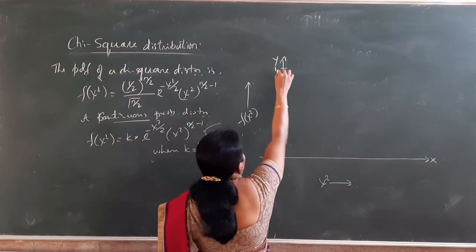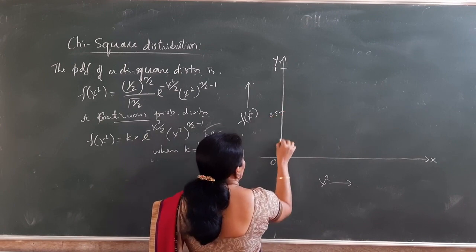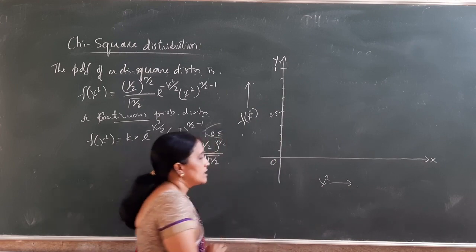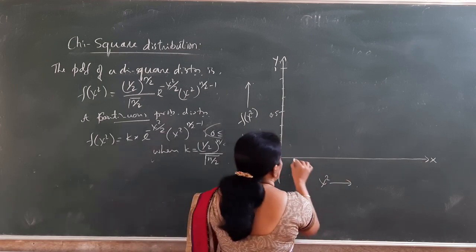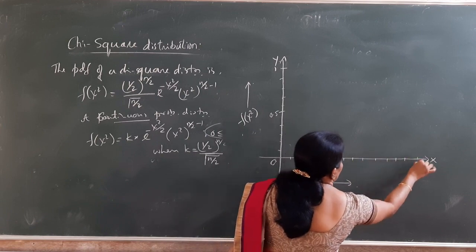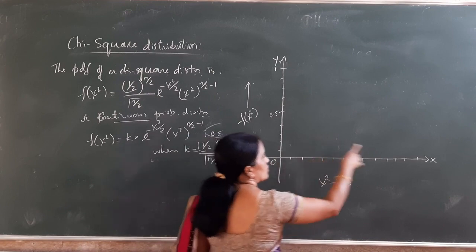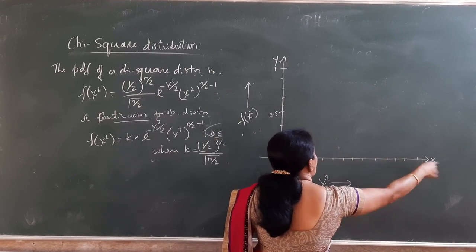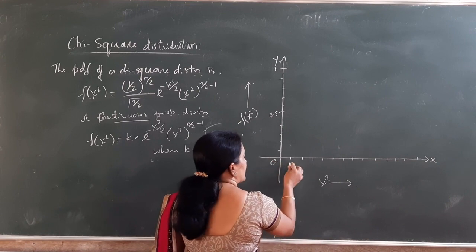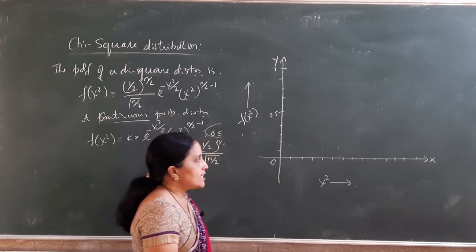So along the y-axis we consider from 0 to 1, and you will be getting 0.5 and so on. Next, we write the values of chi-square. The range is from 0 to infinity, so the first value of chi-square is 0. We can write 2, 4 or 5, 10 and so on by fixing the scale.